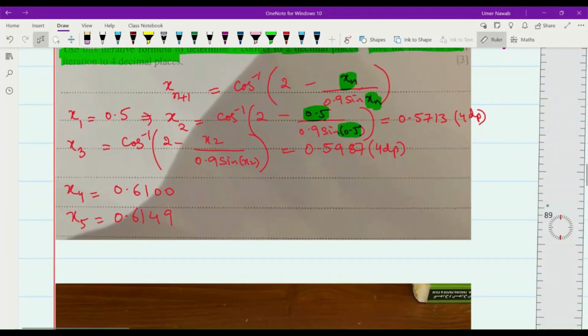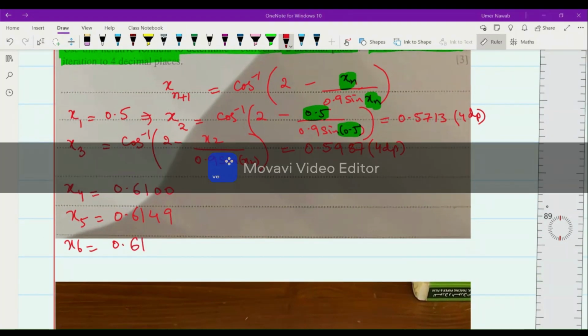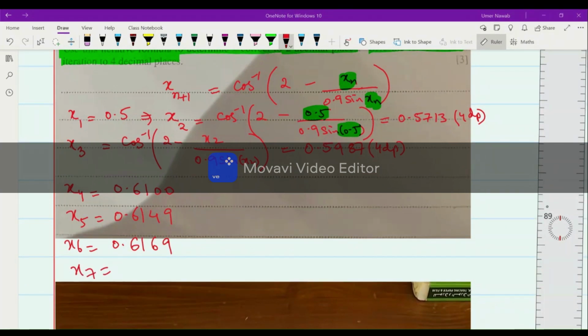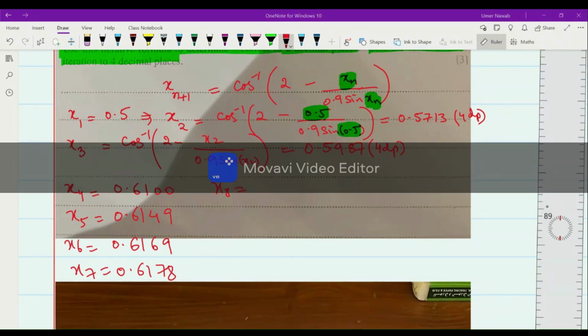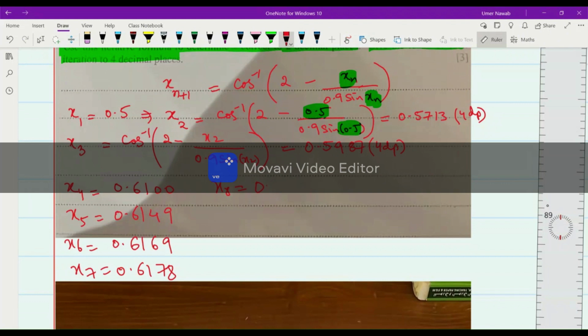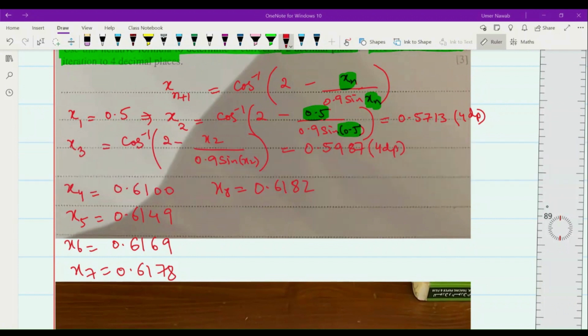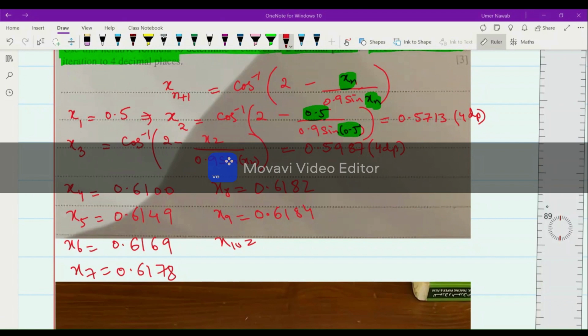So next, x6, 0.6169, x7, 0.6178. Shall we go to the eighth iteration, 0.6182, and 0.6184. Tenth iteration, 0.6184.